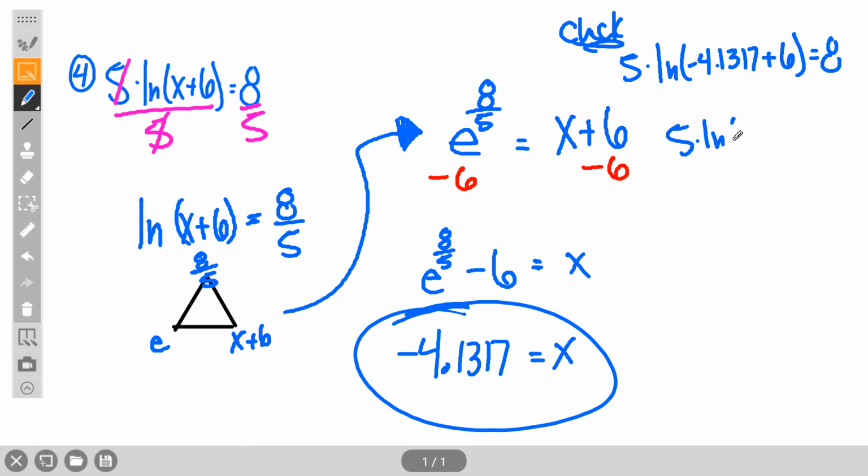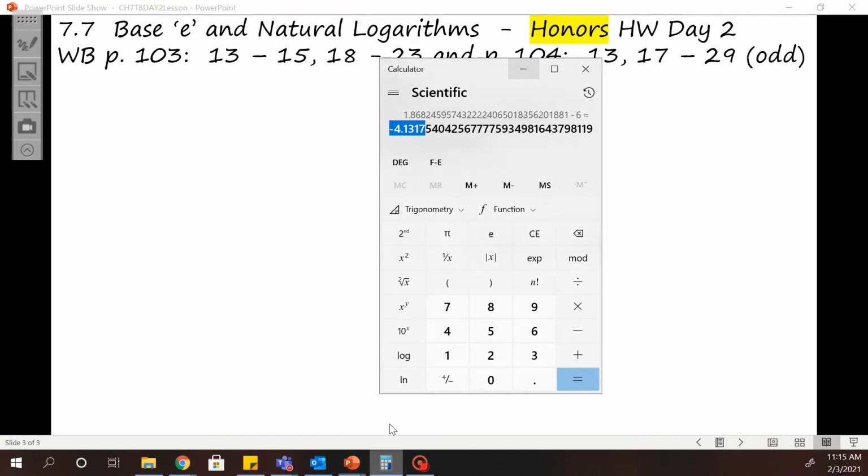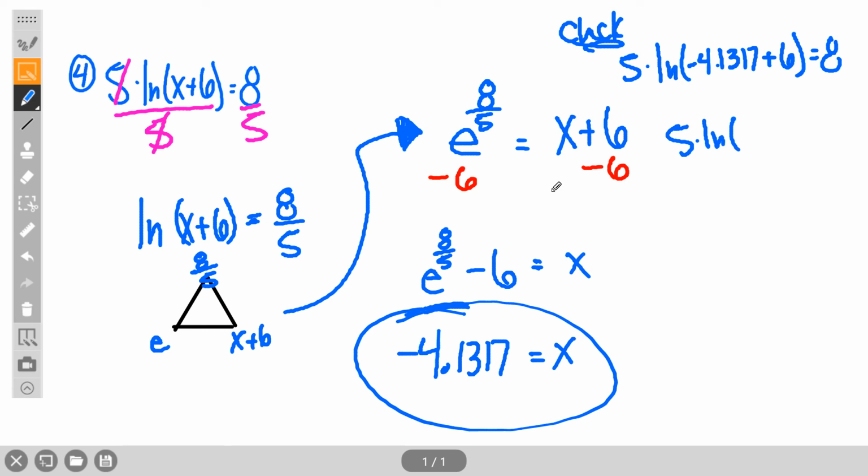So that's 5 times the natural log of, add 6 to this, 1.8682. So I'll take the natural log of that number.